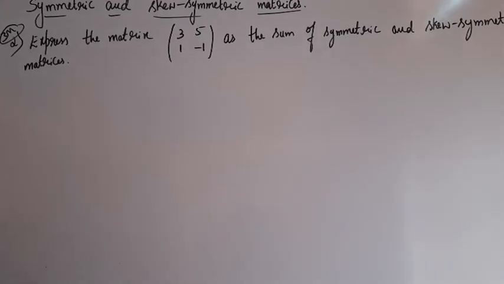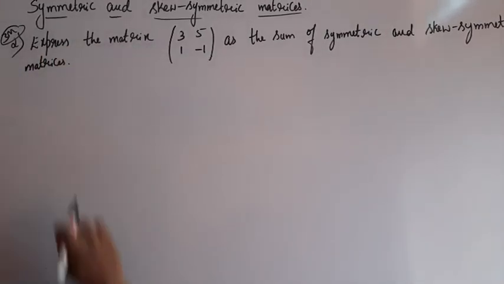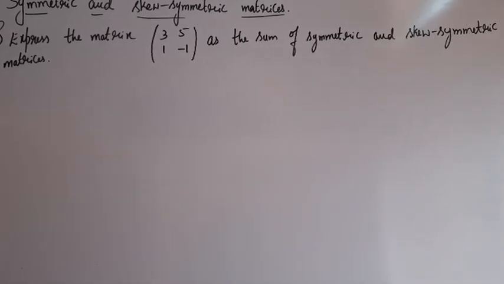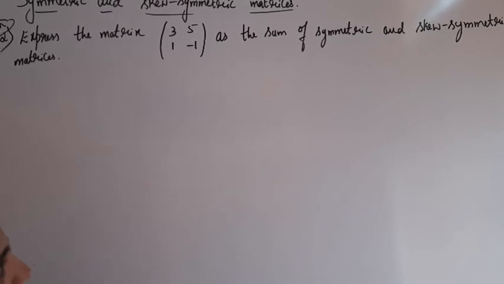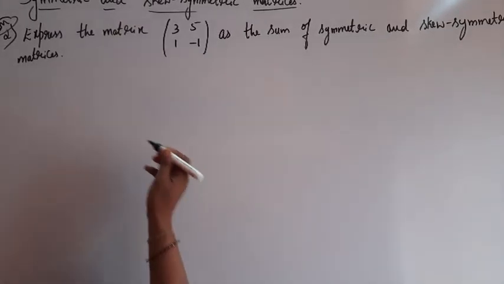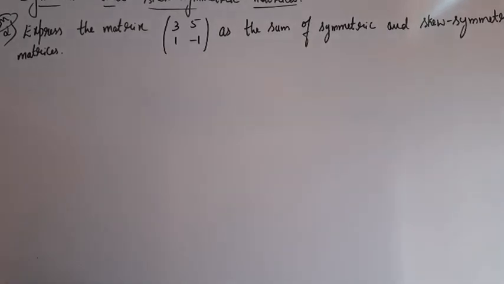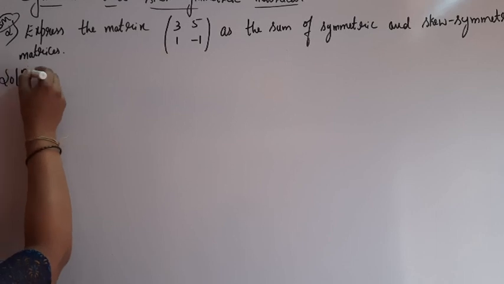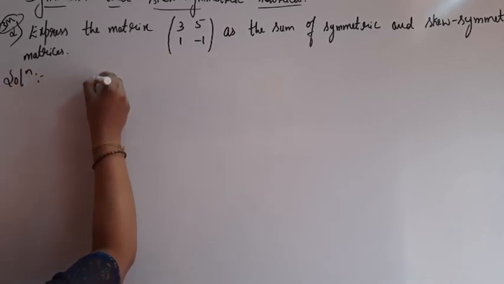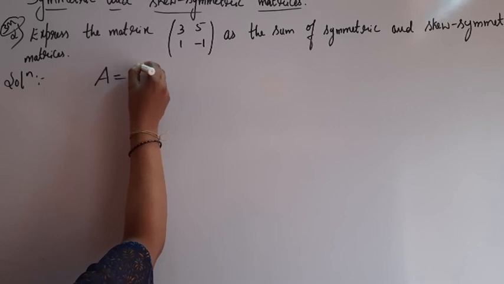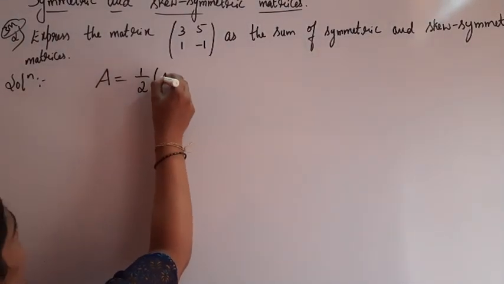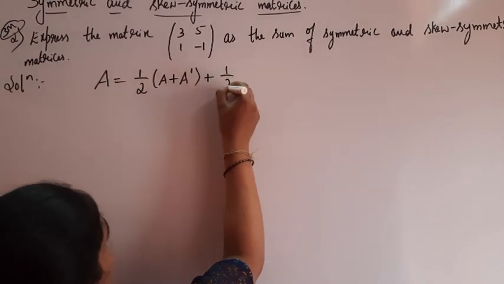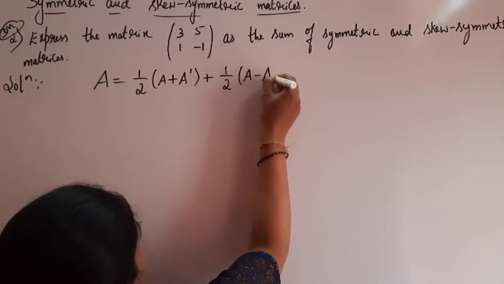See here, we have to express the given matrix as the sum of symmetric and skew-symmetric matrices. So by using theorem number 8, any square matrix can be expressed as the sum of symmetric and skew-symmetric matrices. The equation in that theorem is A equals 1 by 2 into (A plus A transpose) plus 1 by 2 into (A minus A transpose).